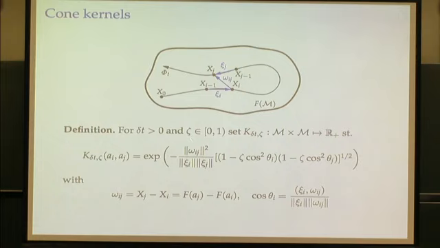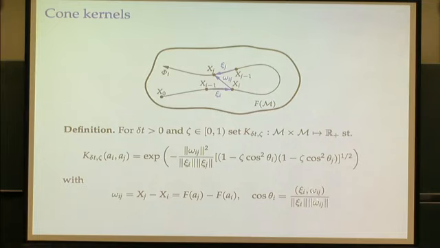Here omega ij is the Euclidean distance of the samples, and we modify that isotropic distance by a rescaling through the norm of xi. In some sense, we're rescaling by the magnitude of the velocity of the flow, and we are also introducing these terms which depend on the angle between the flow and the relative displacement of the samples.